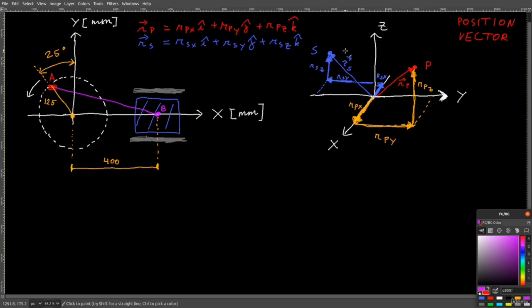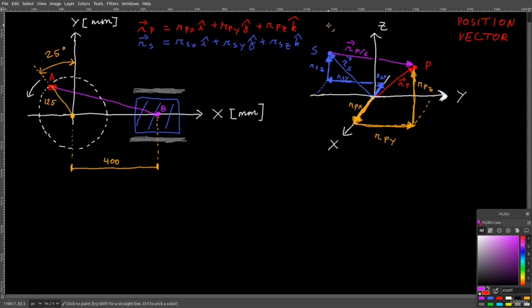And finally, I will draw another vector from S to P, and I call it R, then P slash S. It means P with respect to S. So S is the origin for this particular vector, and P is where the vector is headed. That's why it's P with respect to S. This is one notation, which I will be using a lot.